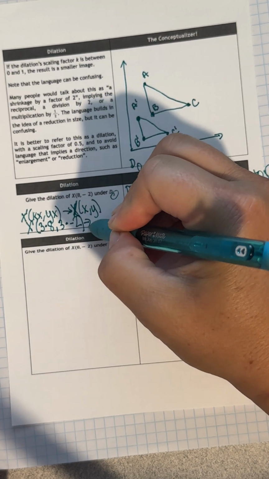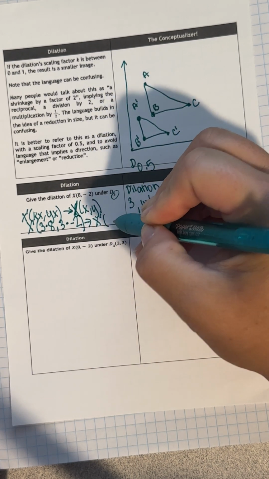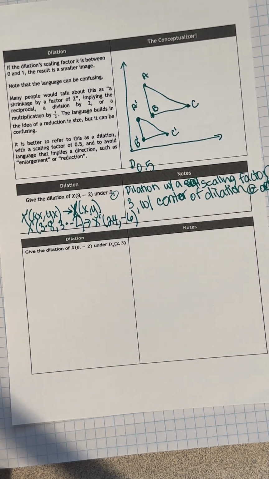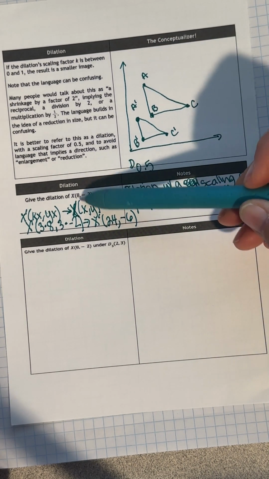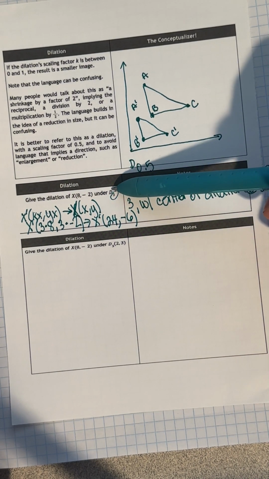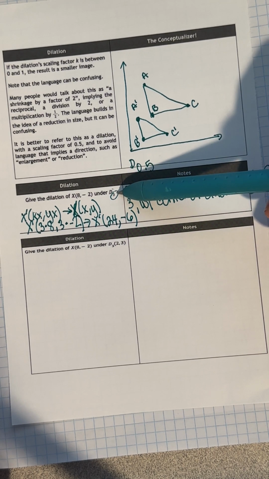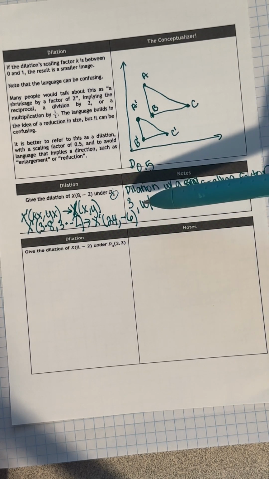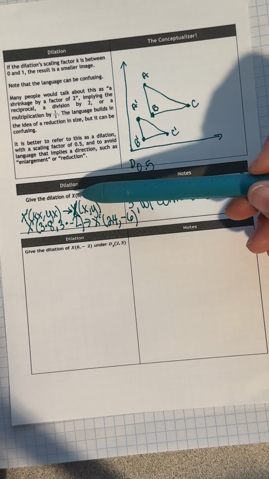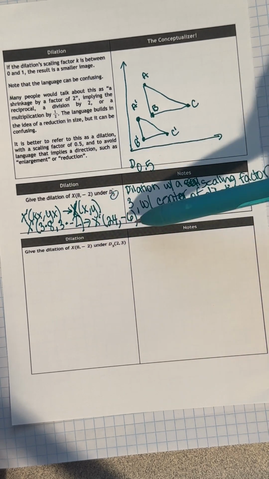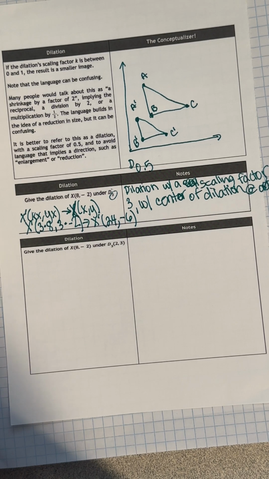Means our new point, x prime, is going to be 24 and negative 6. So our pre-image is the point at 8, negative 2 with a dilation of 3, making it a larger point on this coordinate plane, right? And we're going to multiply each of those values of the point by 3. So 3 times 8 is 24, and 3 times negative 2 is negative 6. And that is our new point.